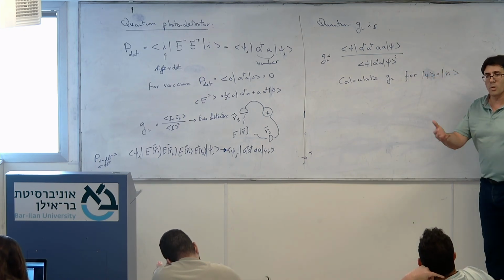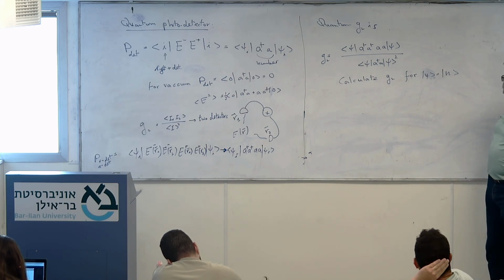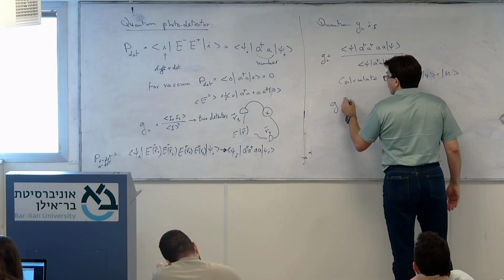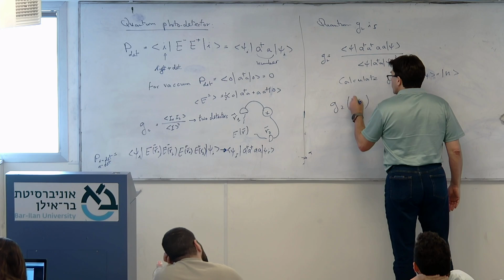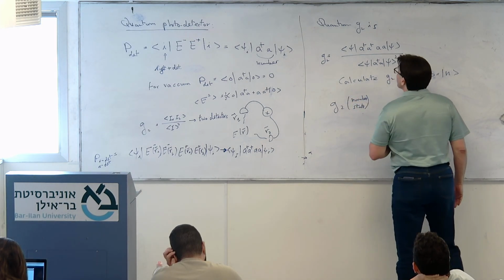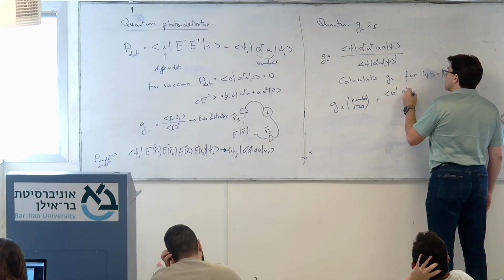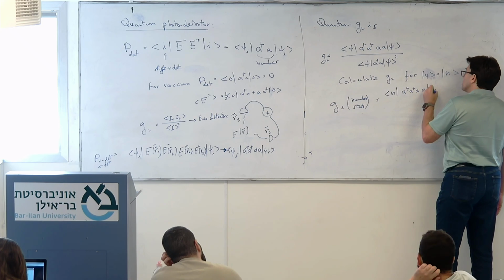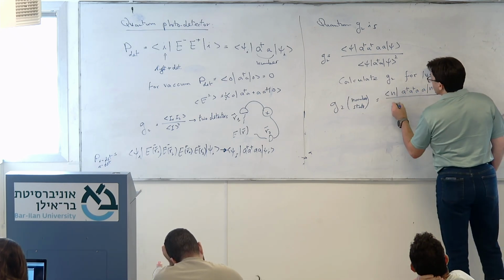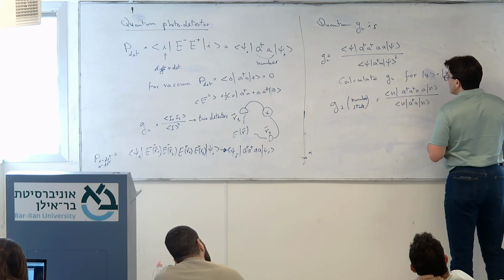The standard harmonic oscillator number states. If that was the case, then what will G2 for a number state be? Okay, n, and then A dagger, A, n, divided by n, A dagger A, n, squared.